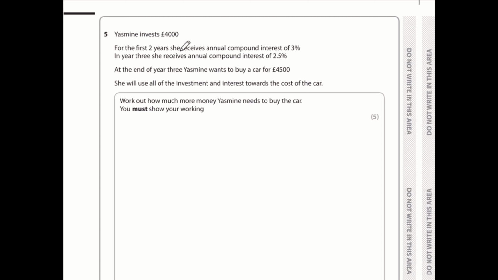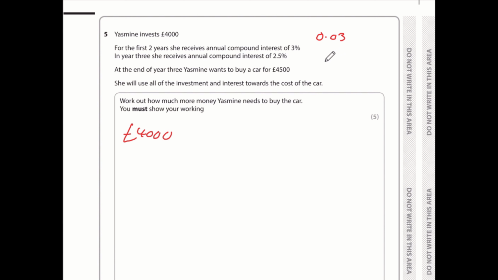So question number 5. Yasmin starts off with £4,000, and this is going to be increased twice by 3%. If you're working out 3% of an amount, you would use the multiplier 0.03. I would multiply 4,000 by 0.03 to work out 3% of 4,000, and then add it on.